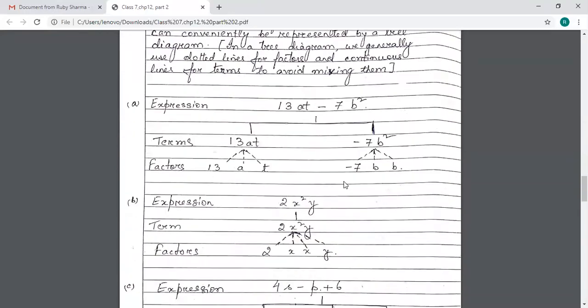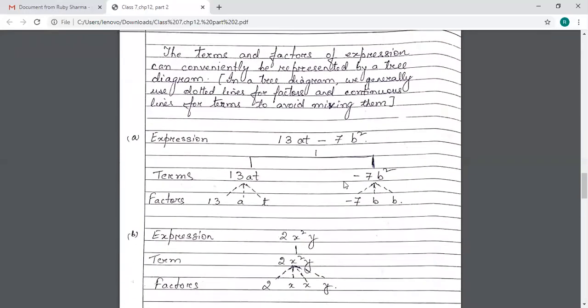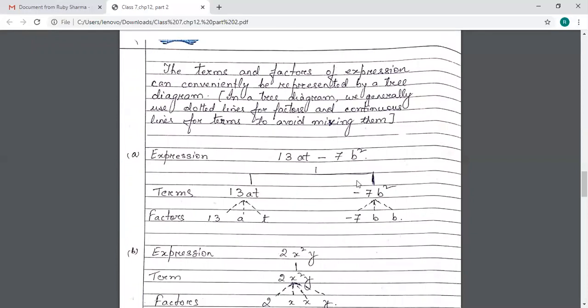So now the terms and the factors that you have learned of an expression can conveniently be represented by a tree diagram. So this is a tree diagram. On the top is the expression. The first one, I've done the same expression here, 13 a d minus 7b square.